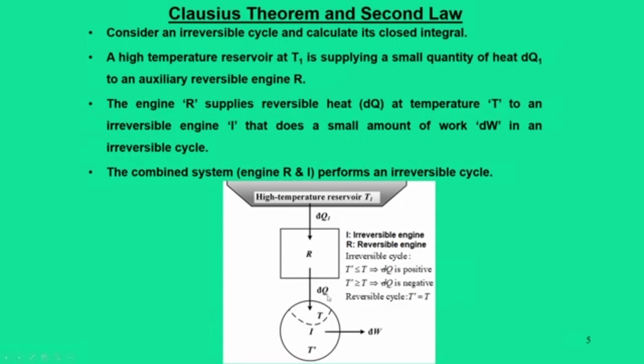The cyclic heat is positive, hence must generate heat out of the system, to another reservoir at temperature T dash, when T dash and T are equal.